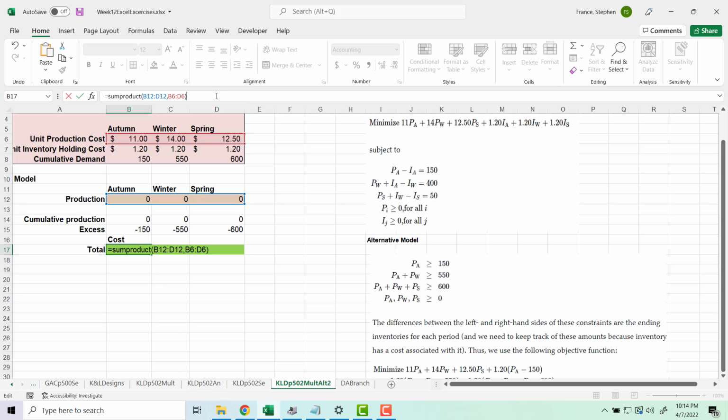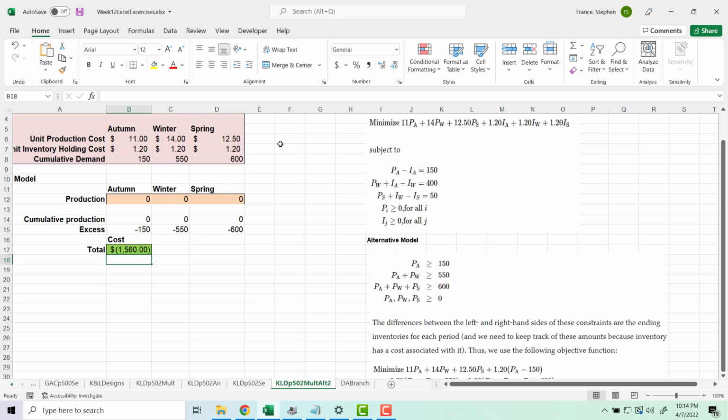And then it's going to be our calculation of inventory, what I've called the excess, times the inventory holding cost. And at the moment, that just kind of is nonsensical, because obviously, given the constraints, we can't have an excess.